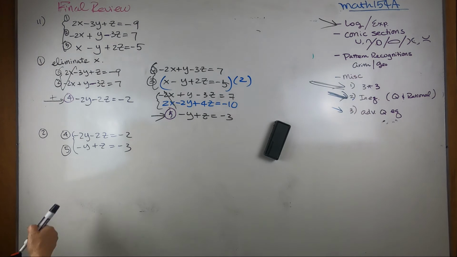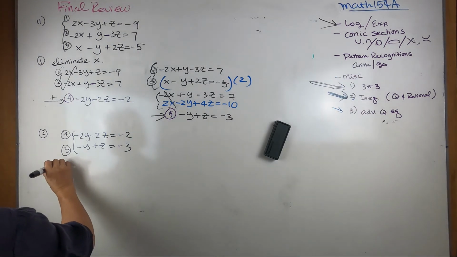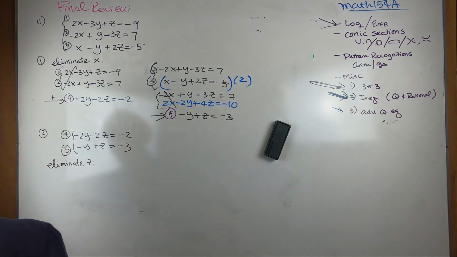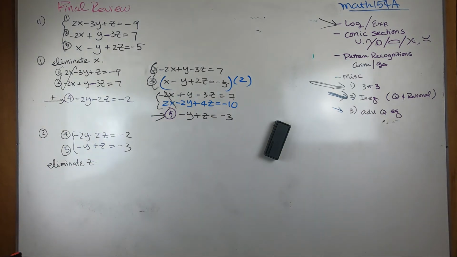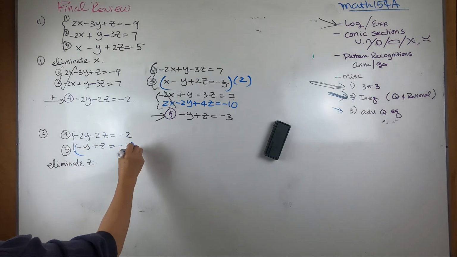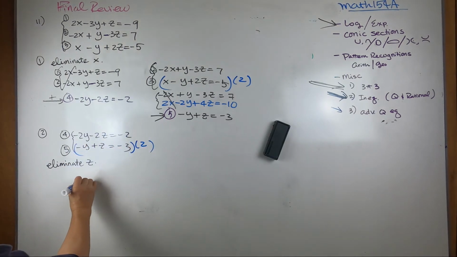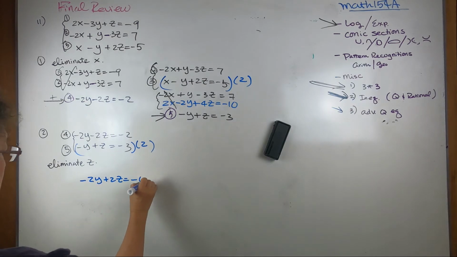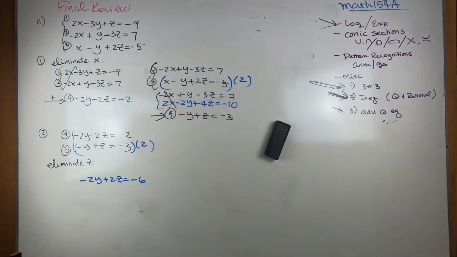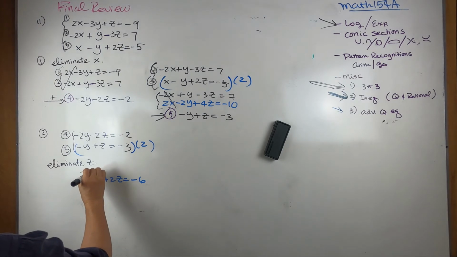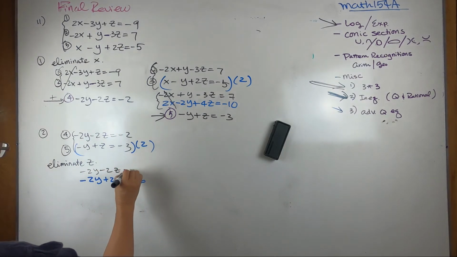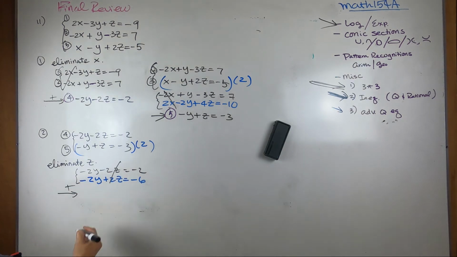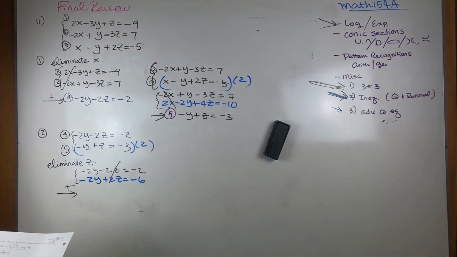So if I say, okay, I want to eliminate z, what do I need to do? Z, I will multiply this by 2. I will have negative 2y plus 2z equals negative 6, right? Then rewrite the previous one, that one. So if I add them, that will go away.